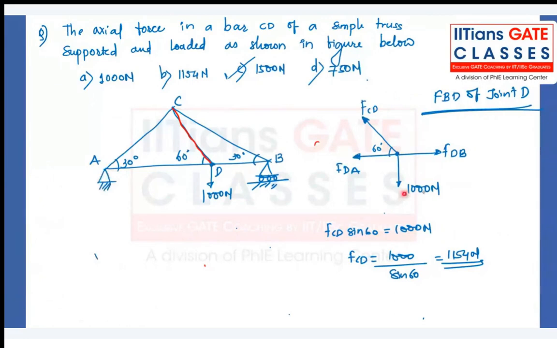Then we have force in the member FDB, force in the member AD, that is FDA, and force in the member CD, that is FCD.